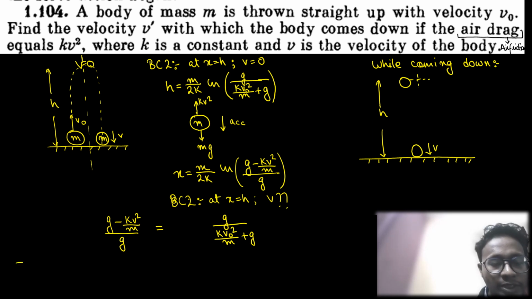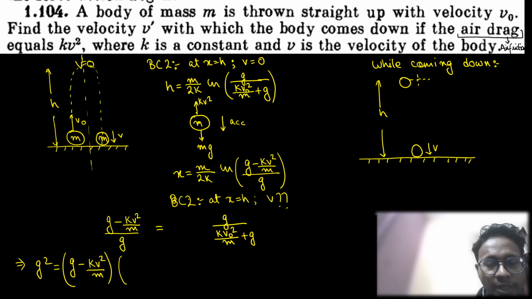So if I cross multiply, I'll get g square equals (g minus k v square by m) into (g plus k v naught square by m). This v out here and this v naught out here are different.